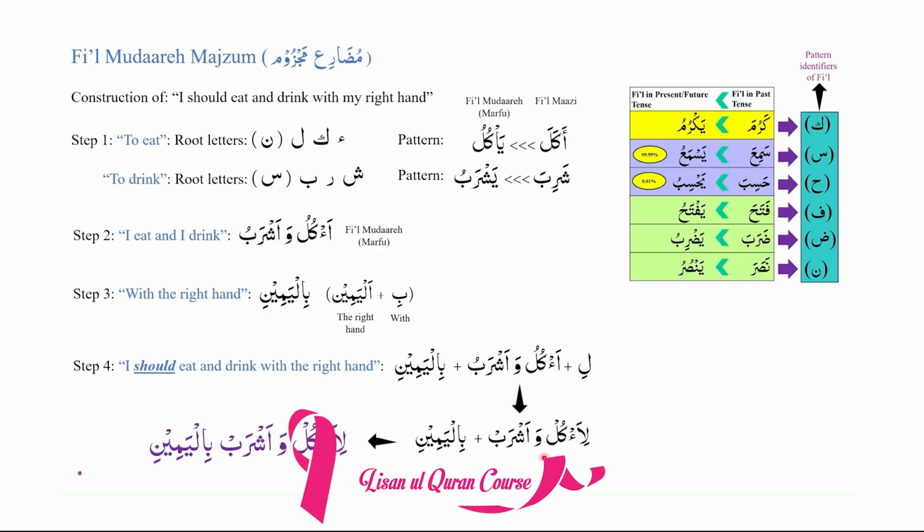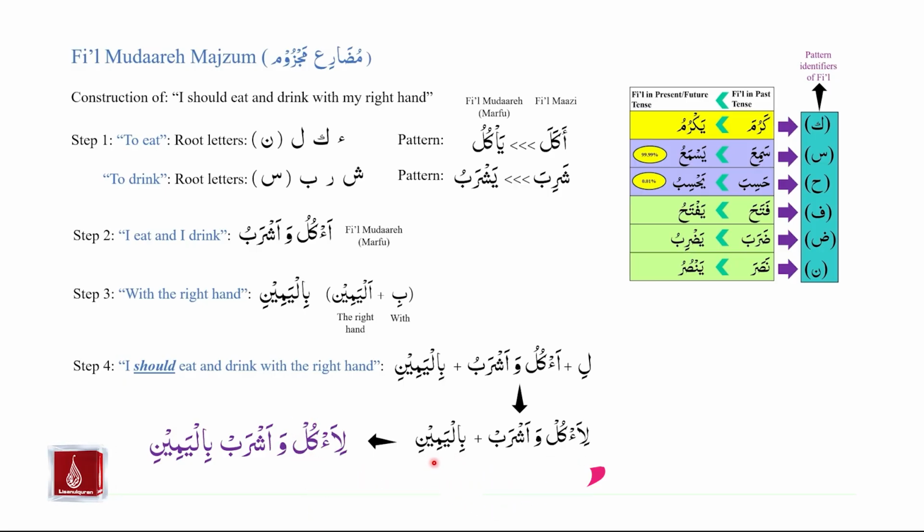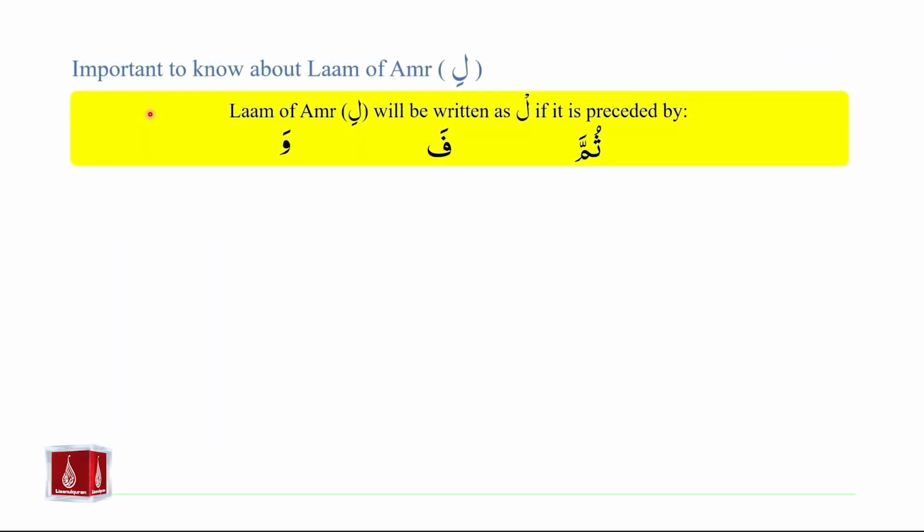Li akul wa ashrab can be translated as I should eat and drink. And bil yamini can be translated as with the right hand. And taken together, we will say li akul wa ashrab bil yamini. I should eat and drink with the right hand. Please note a very important rule about laam of amr.